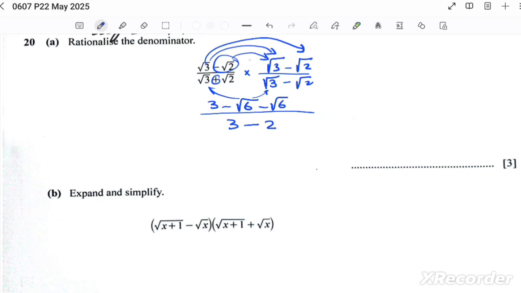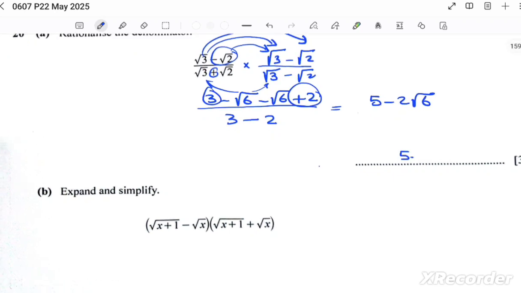And then minus square root of 2 times minus square root of 2, it will be plus 2. So now the answer will be, okay, collecting like terms here, 3 plus 2, which is 5, minus 2 square root of 6. And of course 3 minus 2 is 1. So it's 5 minus 2 square root of 6.